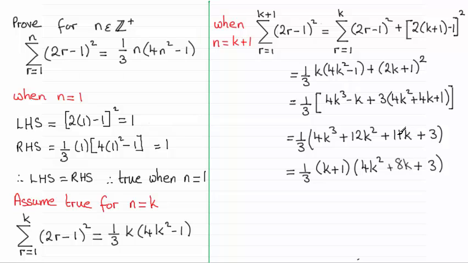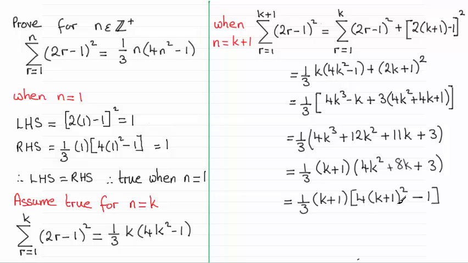So we now want to change this so that it looks like 4 times (k plus 1) all squared minus 1. Hopefully, if we write that in there, it should check out.